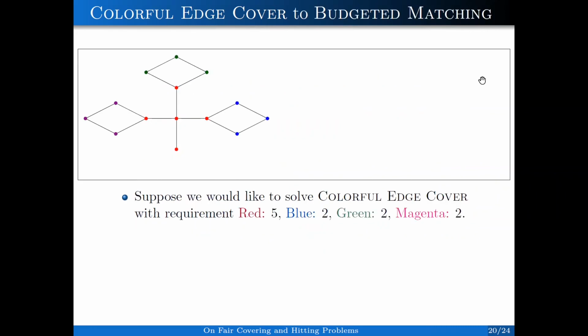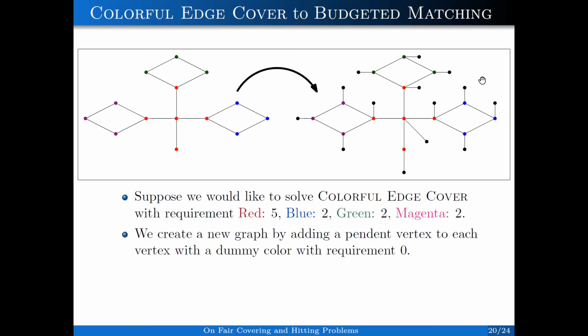And in this reduction, given the instance for colorful edge cover, what we do is we add a pendant edge at each vertex of the graph and set the requirement of the new vertices to 0.